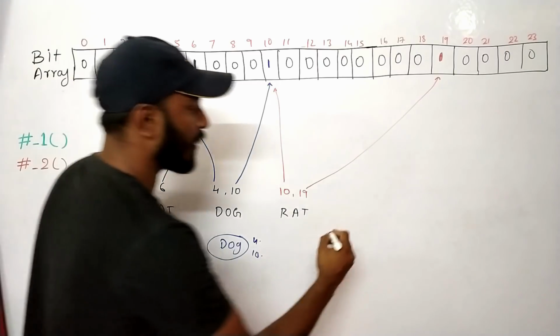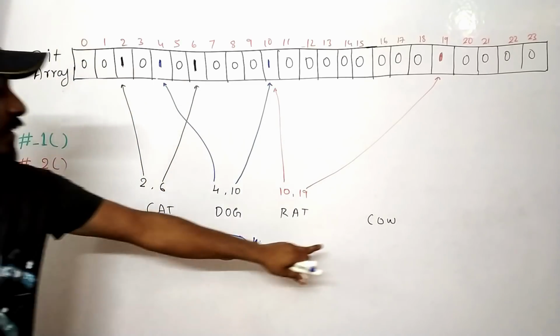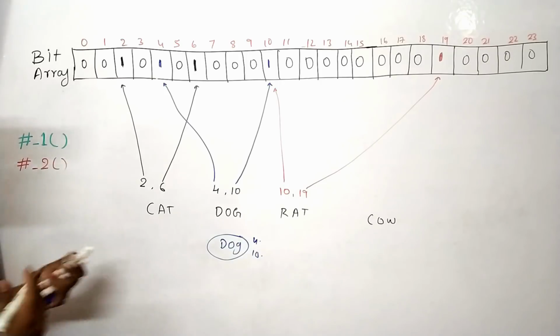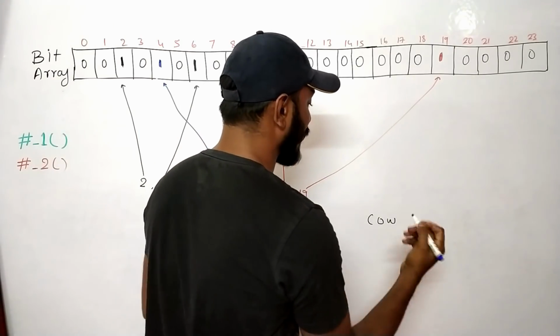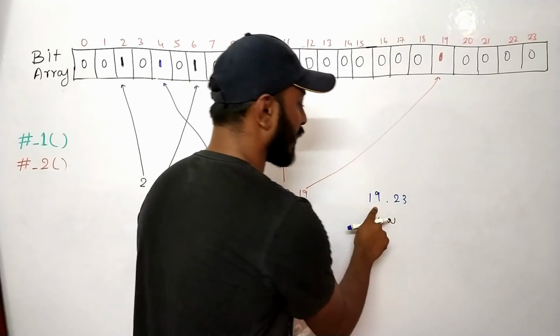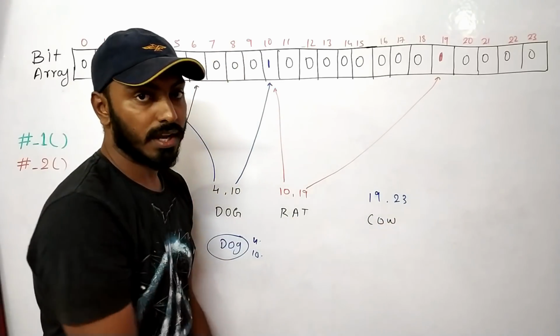Let's check one more input. Say cow. For cow, when we run it through these two hash functions, what do we get? Say we get 19 and 23. This is the output of hash function 1, and this is the output of hash function 2.